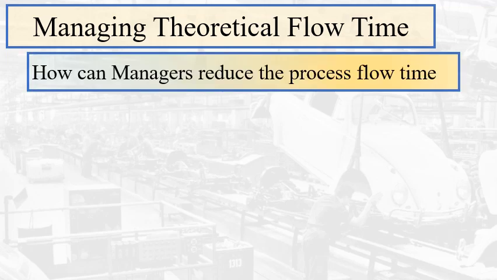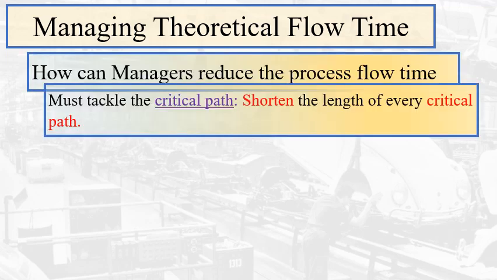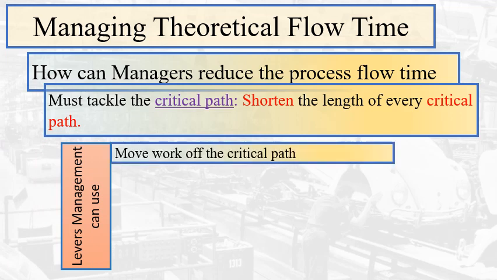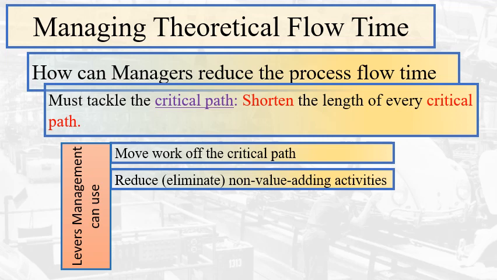So now, what tools do managers have for managing theoretical flow time? First of all, obviously, we want to reduce flow time. We said from the beginning it's very important to reduce. So flow time T right here, we want to reduce it as much as we can.